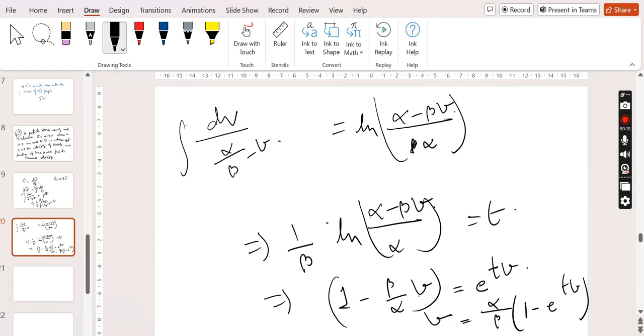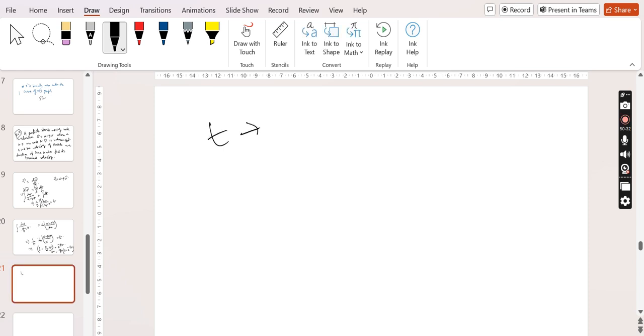So when t is infinite, then we will get terminal velocity. When t is equal to infinite, e to the power minus beta t is equal to 0.